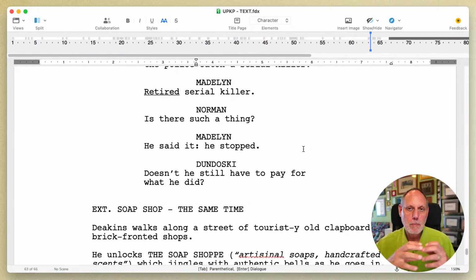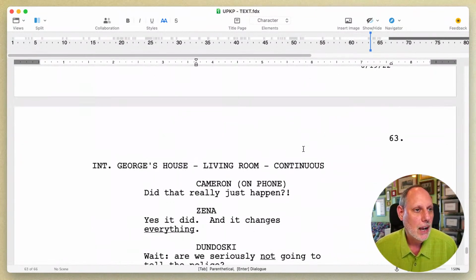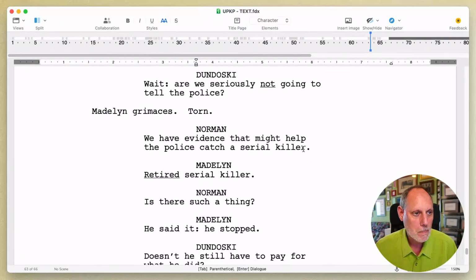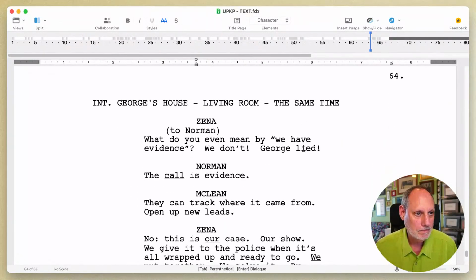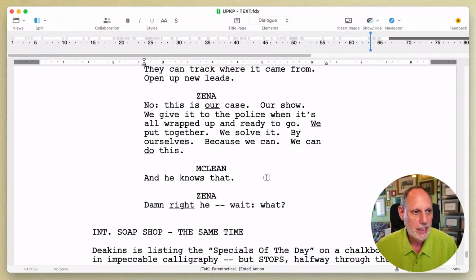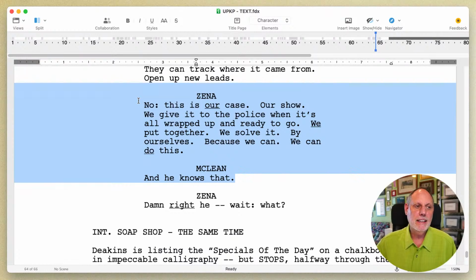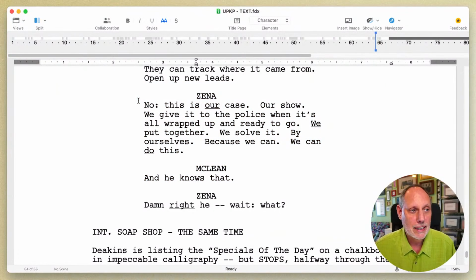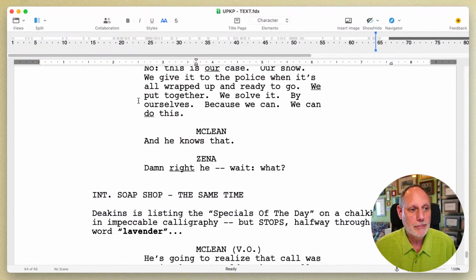which is the moment that the script reveals the final twist of the hour, the thing that sets the rest of the series in place. It's kind of confused in this rough draft because I bring up this idea here that in fact they are in danger, that the serial killer is going to come after them.